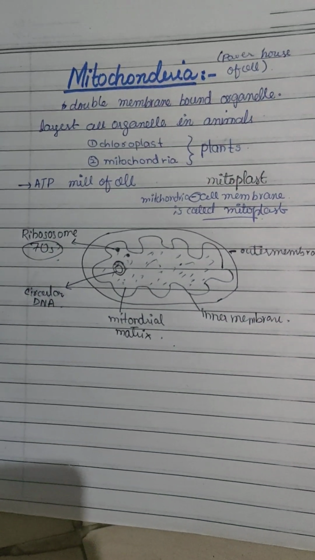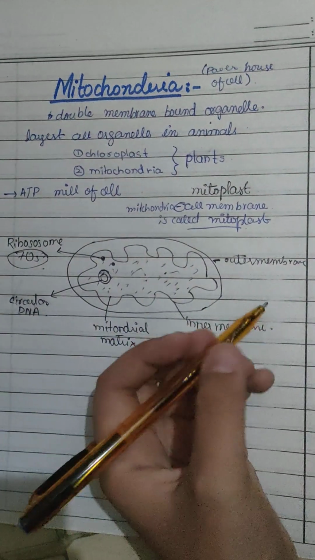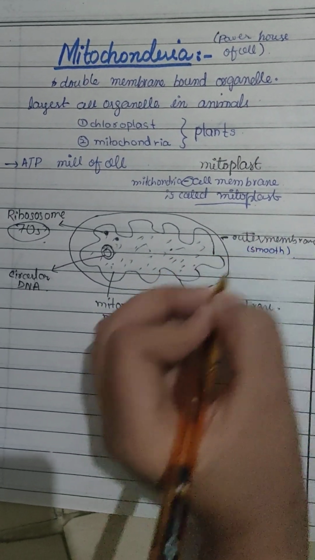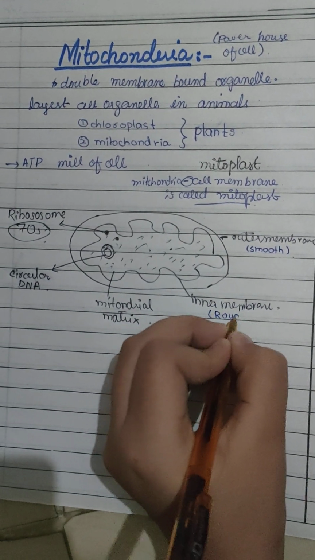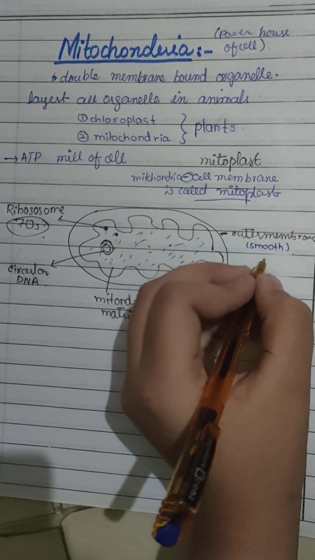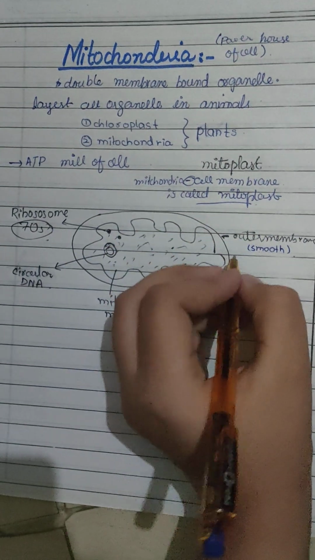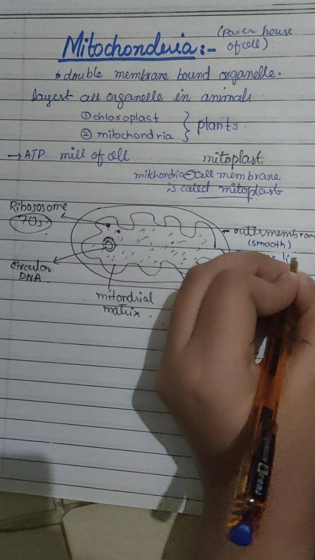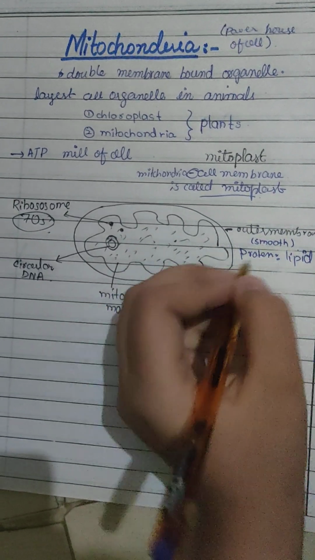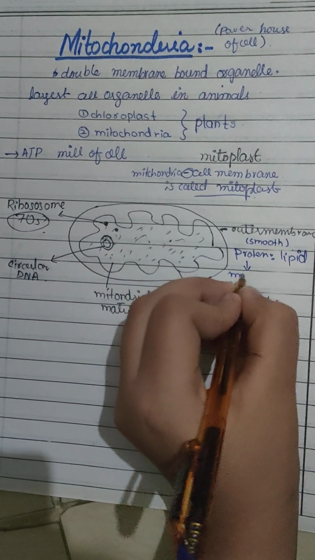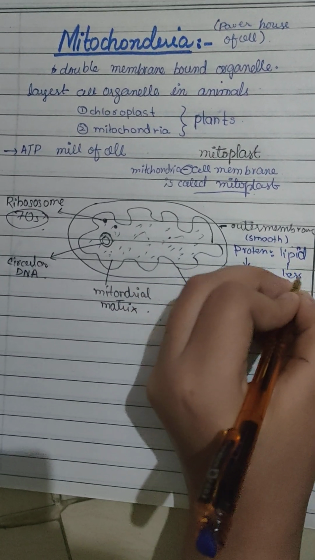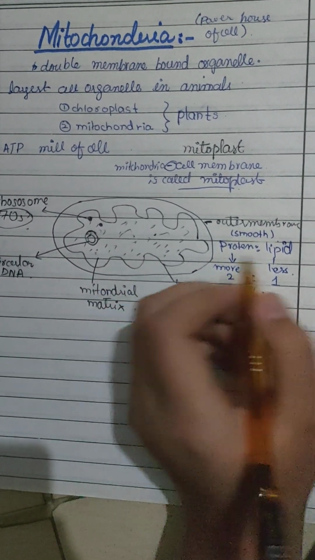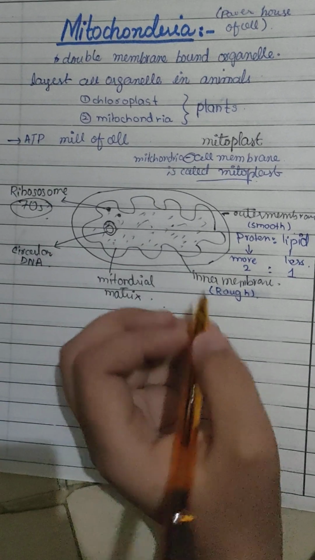Fine. Now I'm gonna tell you that the outermost membrane is basically a smooth surface, while the inner membrane is rough. Right. In the outer membrane the protein and lipid ratio is not the same. Protein is more than lipid and lipid is less, so the ratio is 2:1. Proteins are more in outer membrane and less in lipids. Fine. Now here the inner membrane.